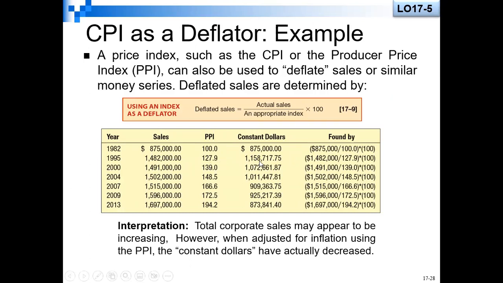So your real value of sales, your real value of output, whatever you want to call it, is actually 1.158 million, not 1.482 million, as is indicated here. But as you can see, the PPI kept going up over time. So inasmuch as the sales increase over time, you can see that the real value of the sales is declining. It's not increasing because the PPI has been escalated.